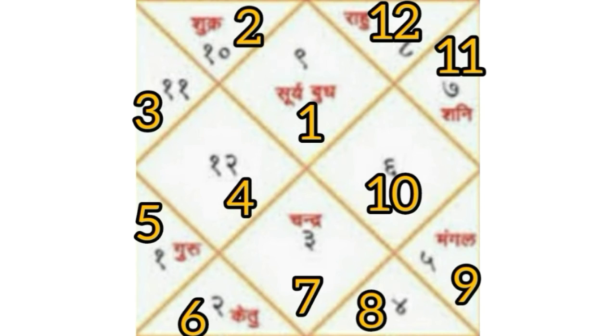Numbers 1, 2, 3, up to 12 are never put because they are presumed to be these numbers always. That is why these bigger numbers which I have placed are the houses, to be remembered as such in the North Indian Kundli.